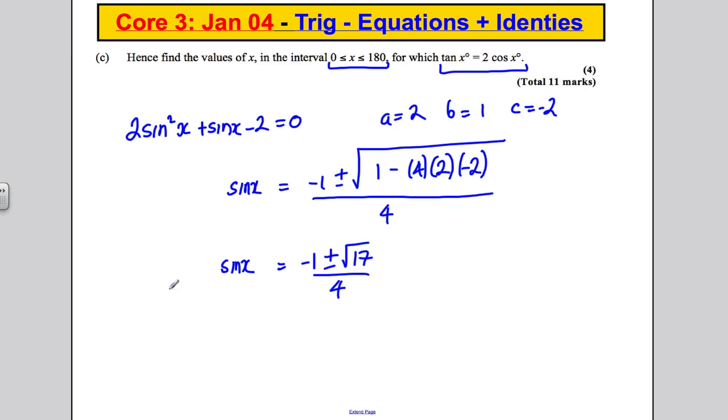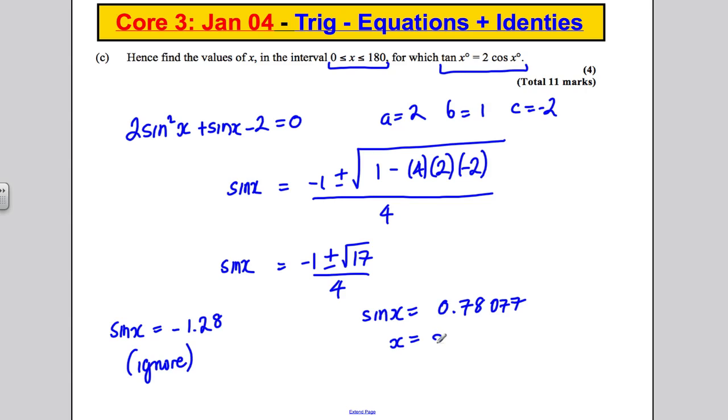So sin x therefore is 2 things. So sin x is negative 1 subtract root 17 divided by 4, which is negative 1.28, which you can ignore because sine has to be between 1 and minus 1, or sin x is equal to negative 1 plus root 17 divided by 4, in which case sin x would be 0.78077.